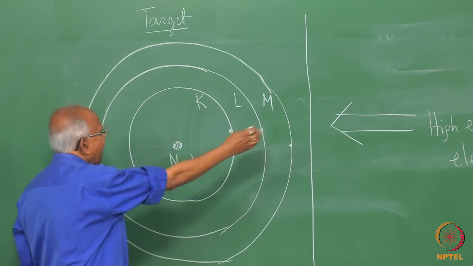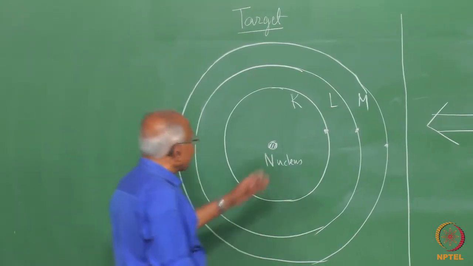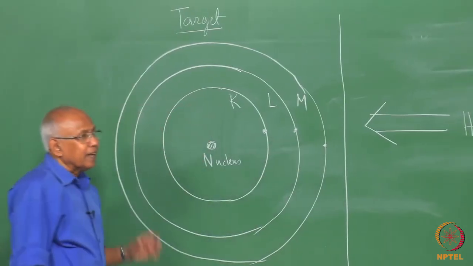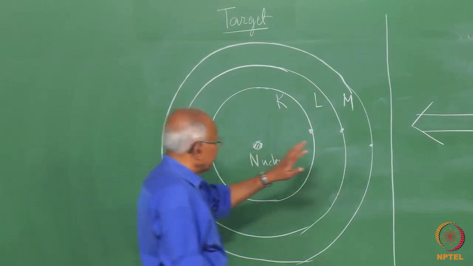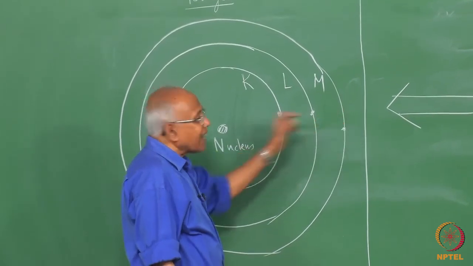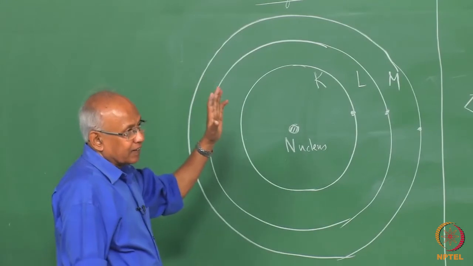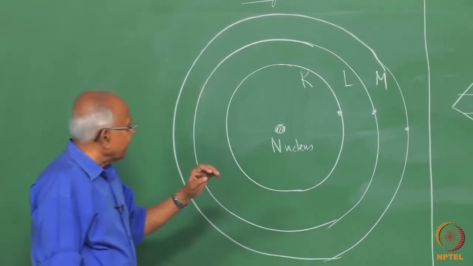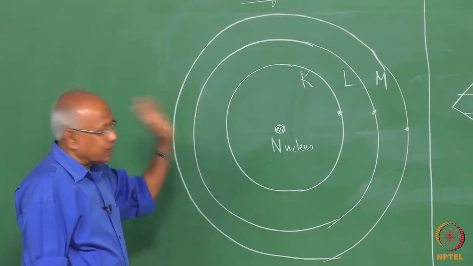The moment high energy electrons strike these electrons, they momentarily take away quite a bit of energy from the striking electrons. So, momentarily they will be accelerated, and according to theories of electrodynamics, any accelerated charge will give out energy.